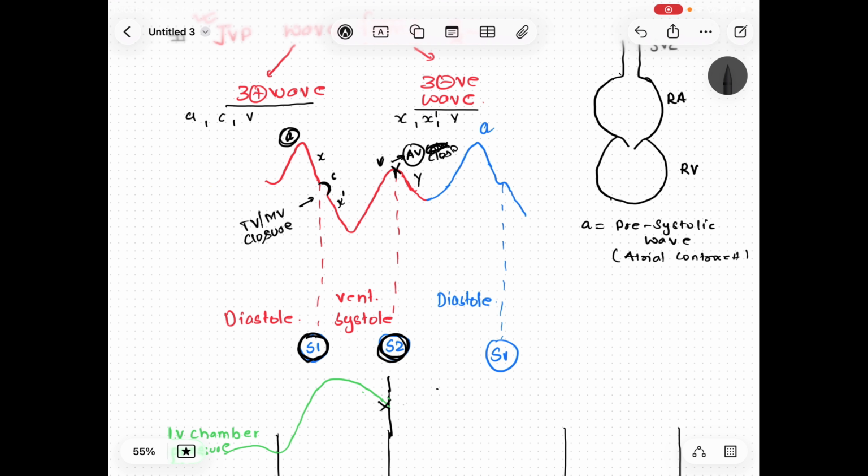So A wave is a presystolic wave. C wave, due to tricuspid bulge, and X descent occur in ventricular systole.